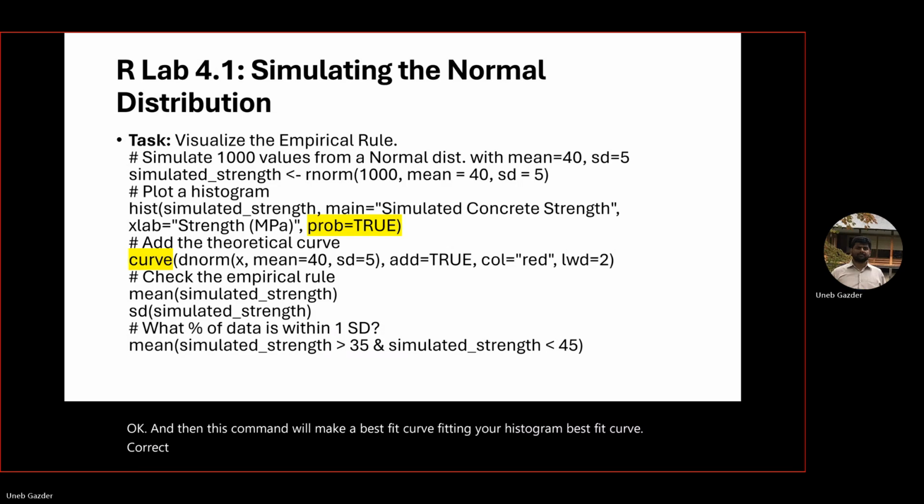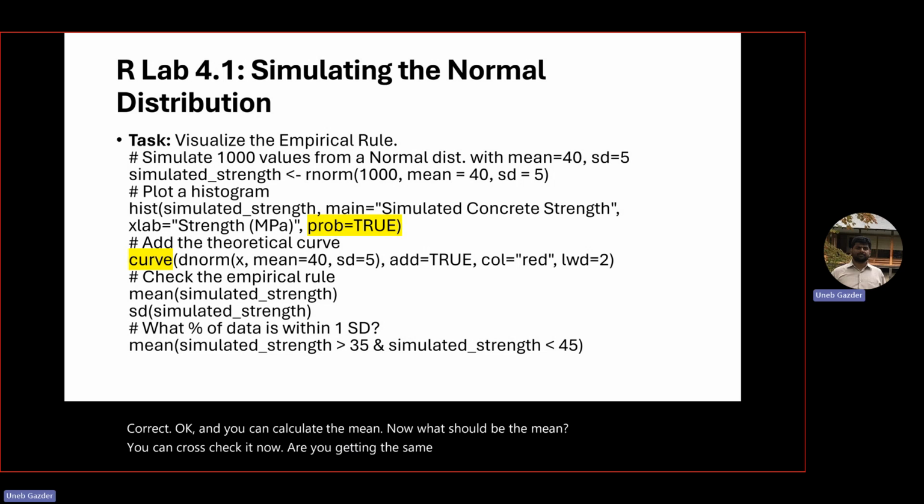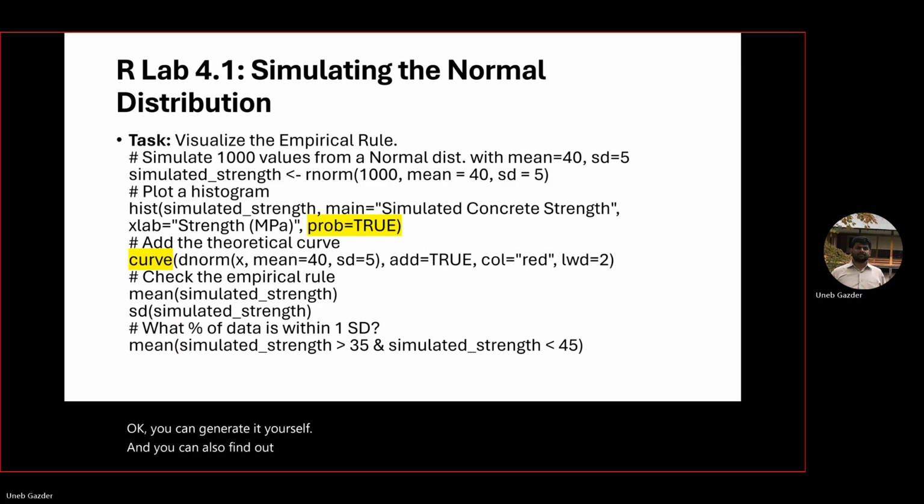And you can calculate the mean now. What should be the mean? The one which you gave, right? You can cross check it now. Are you getting the same mean and standard deviation? Obviously, you should be getting the same ones.